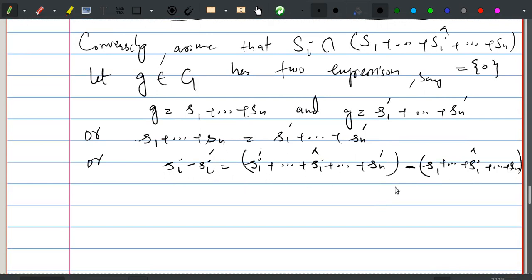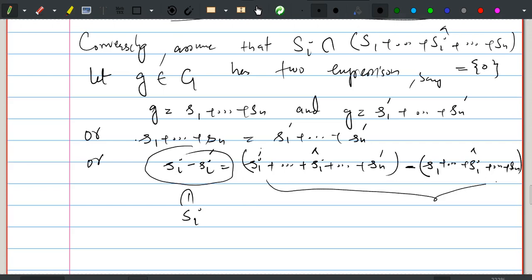Now these two expressions are equal. Now this element belongs to Si, and these Si's are in capital Si, so this Si is in Si, this Si prime is in Si, so the difference is in Si. Similarly, this sum over here belongs to S1 plus so on plus Si cap plus so on plus Sn.